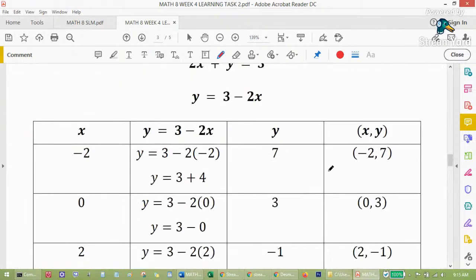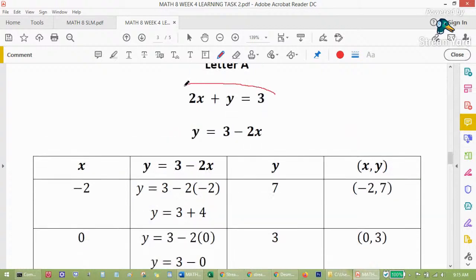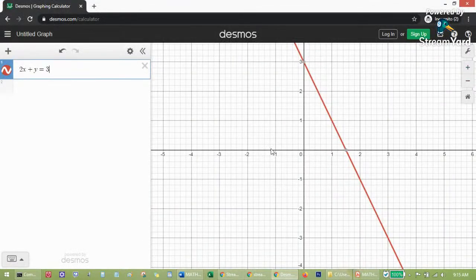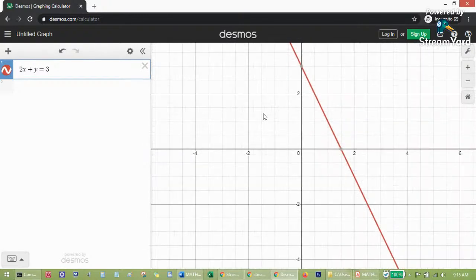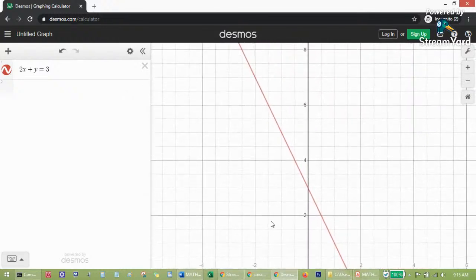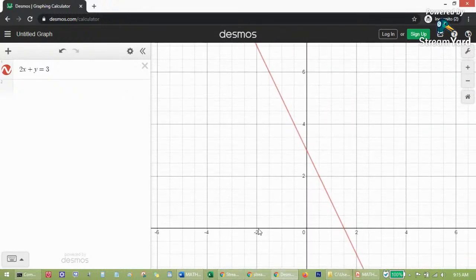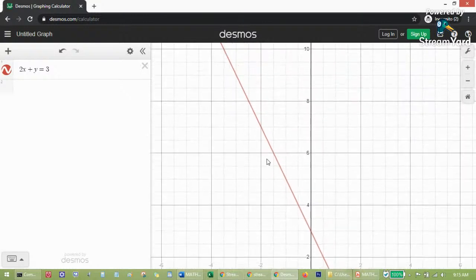So, yung first, kapag yung x is negative 2, y is 7, so yung unang point na nasa line 2x plus y is equal to 3 is negative 2, 7. So, pag pumunta tayo sa negative 2, sundan lang natin tong linya na to.